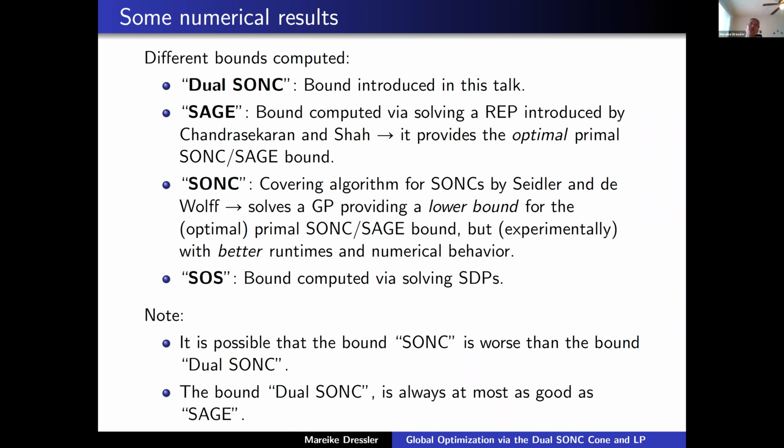But it only provides a lower bound for the optimal SONC bound, because this circuit decomposition is sometimes not the optimal one. But it only relies on geometric programs and not relative entropy programs. That means it experimentally has better run times than the more general relative entropy programming. And last but not least, we consider sums of squares, so the bound computed via solving semidefinite programs.